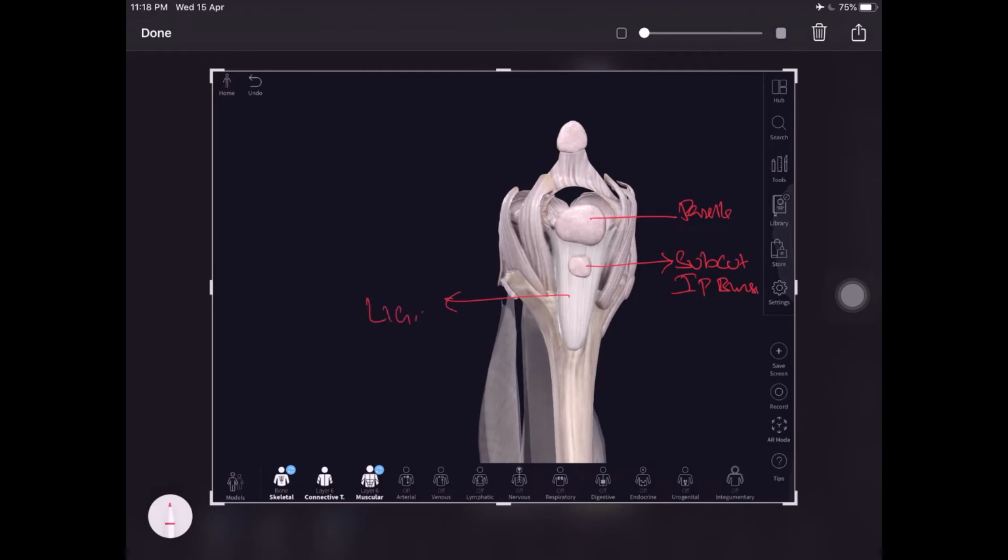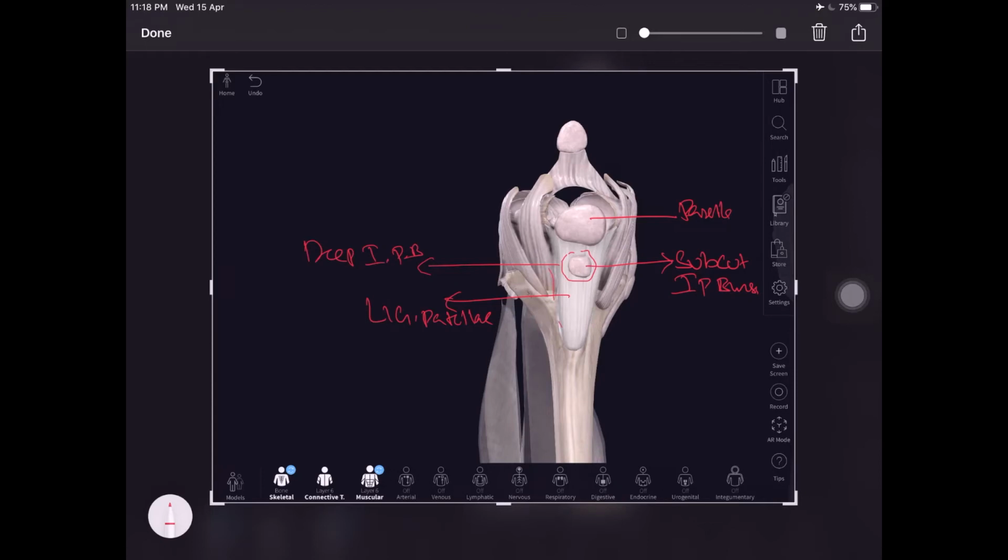And this one is the ligamentum patellae or infrapatellar ligament, and deeper to this you have the deep infrapatellar bursa. So those are the things.